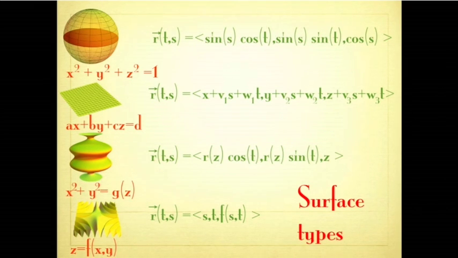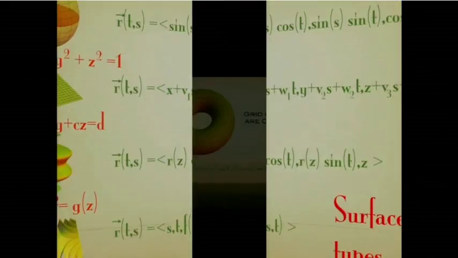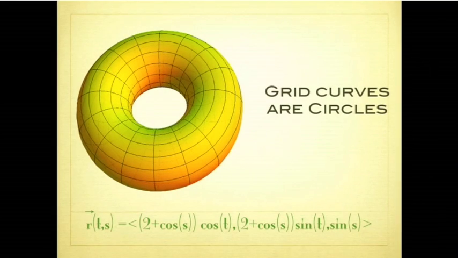It's a function of z, maybe the square root of, but it doesn't matter. And this is the simplest but often forgotten case of a graph. And sometimes if you have to match surfaces, it can help to look at the grid curves. This is a surface you have parameterized in a homework. It's the donut.